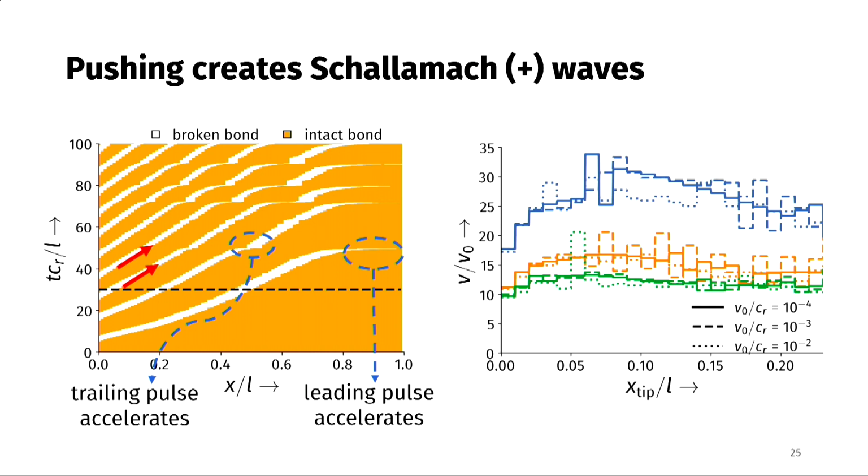But now you see, if you plot V by V naught as a function of various V naughts, again non-dimensionalized by CR, which is a constant, for over 2 orders of magnitude, the values don't change, right? Blue is the first front, orange is the second front, green is the third front, the third pulse. And the velocities scale exactly with V, which is consistent with what we assumed, but now it comes without any assumptions thrown into the model, right? The pushing velocity sets the scale for these waves.